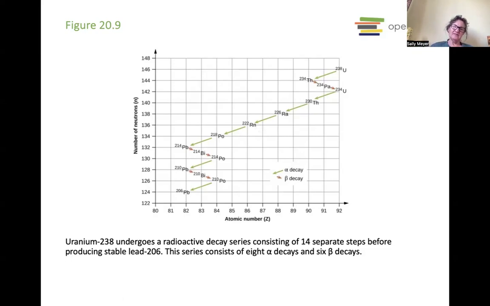If that happens, it continues to undergo radioactive decay, and each of those decay processes, alpha and beta, are very energetic, so they can damage your lung cells. Radon is considered the second most important cause of lung cancer, second to cigarettes.